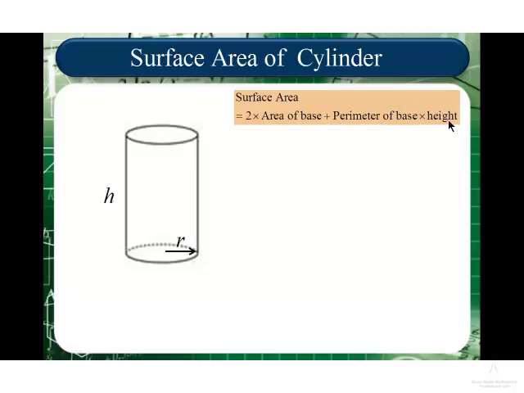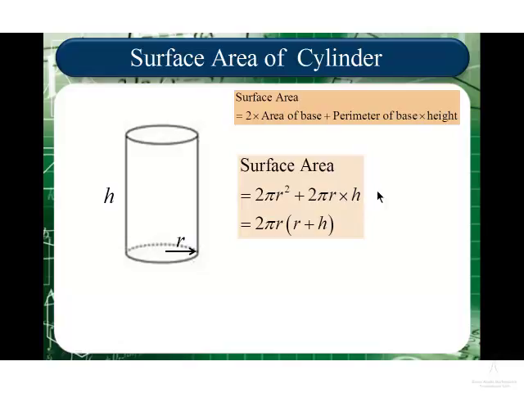So here we have the formula for the surface area of a cylinder, starting with the area of the circular base, which will be pi r squared times 2. Add to that the perimeter or the circumference of the circular base, which is 2 pi r, times h, that is the distance between the base and the top of such a cylinder.